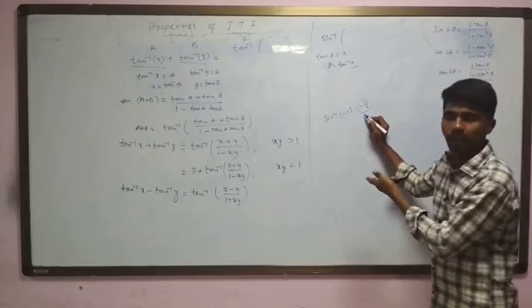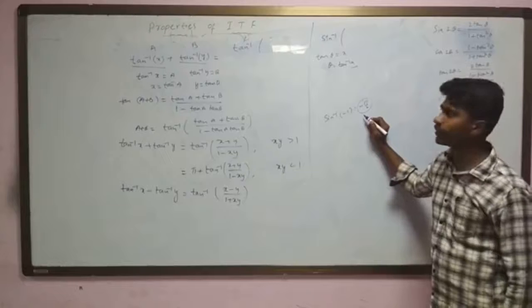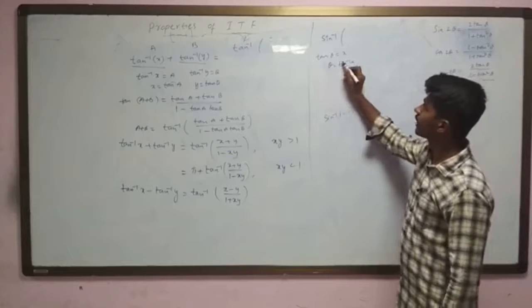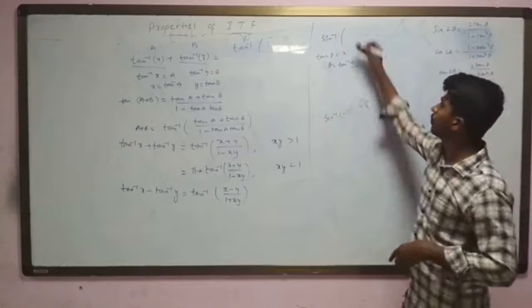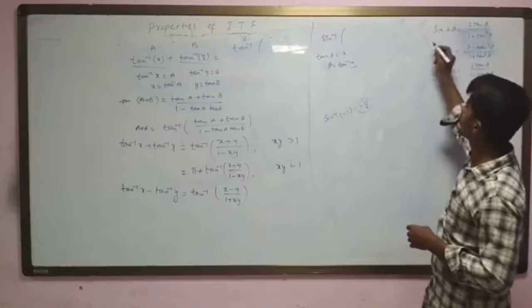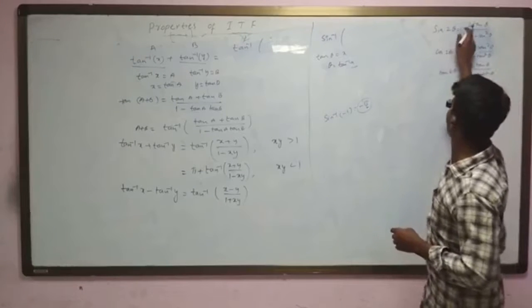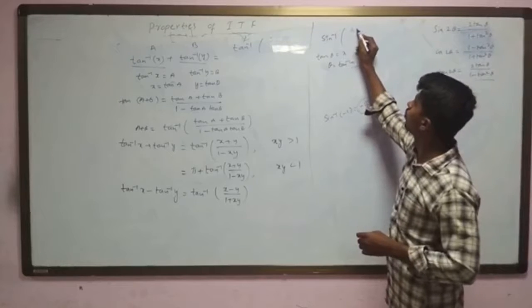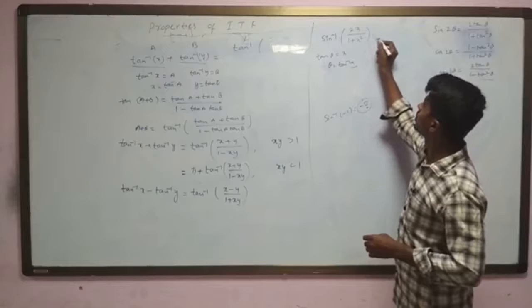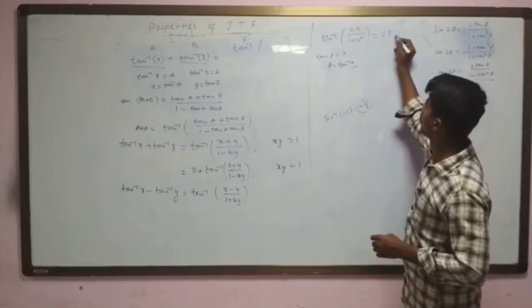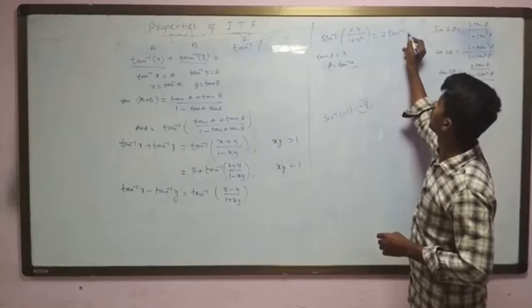I consider here as theta. That is only the difference. So if I take tan theta as x, then theta will be equal to tan inverse x. So if I replace all these things, what I get? Sin 2 theta, so 2x by 1 plus x square, which is equal to sin 2 tan inverse x.